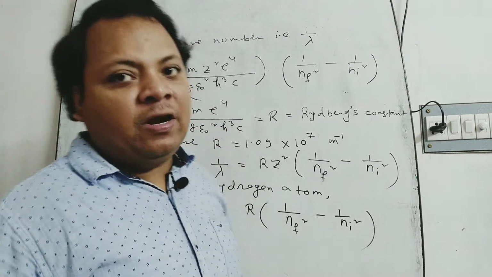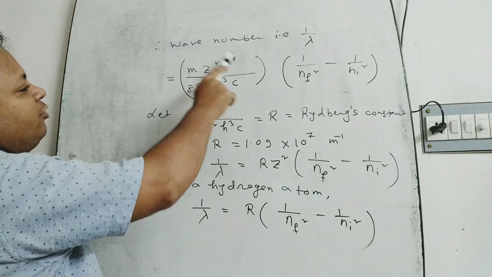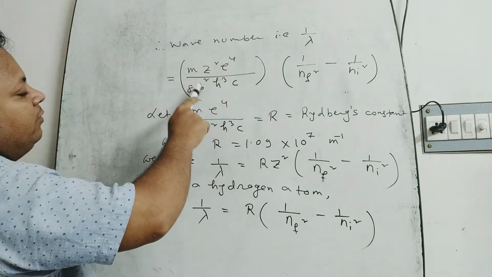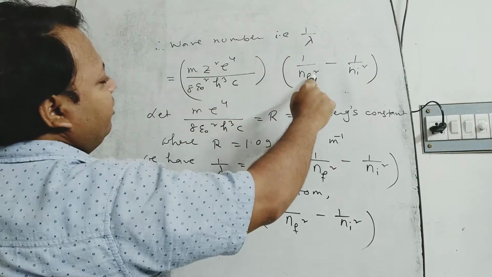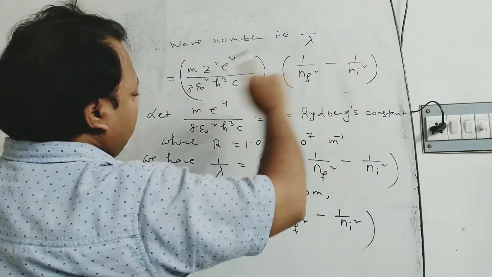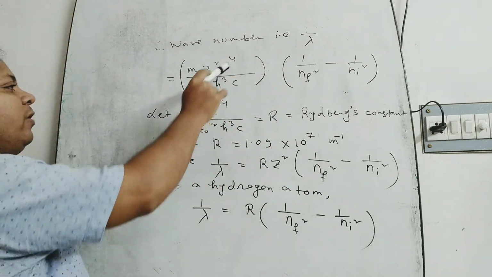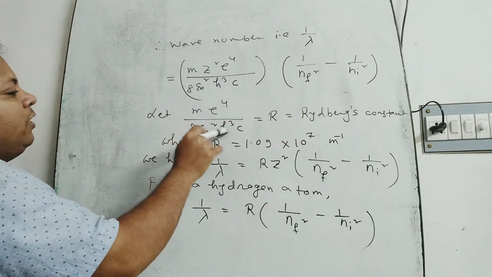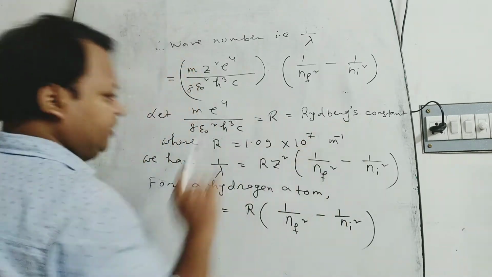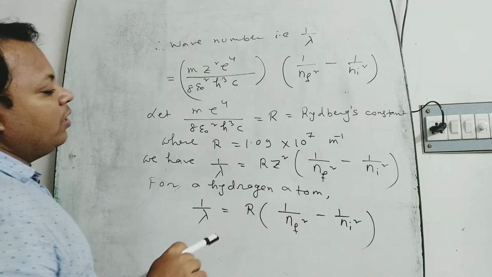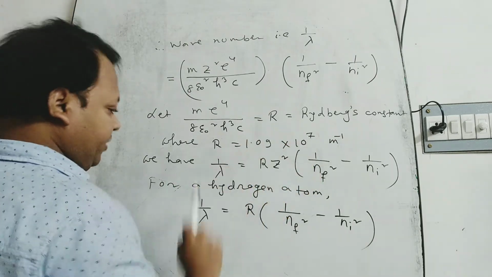Therefore the wave number 1 by lambda is equal to m Z square e to the power 4 whole divided by 8 epsilon 0 square h cube into c, whole into 1 by nf square minus 1 by ni square. Now let m e to the power 4 by 8 epsilon 0 square h cube c be equal to capital R, which is known as the Rydberg constant. The value of the Rydberg constant R is 1.09 into 10 to the power 7 per meter.